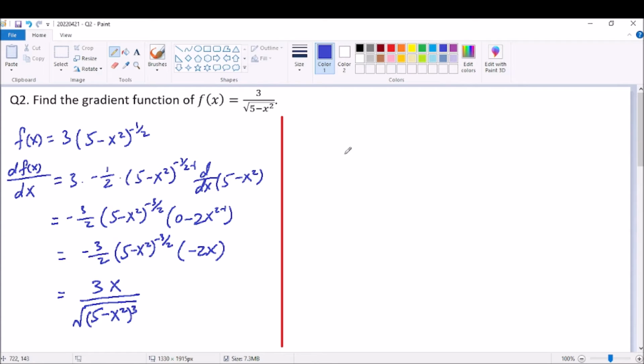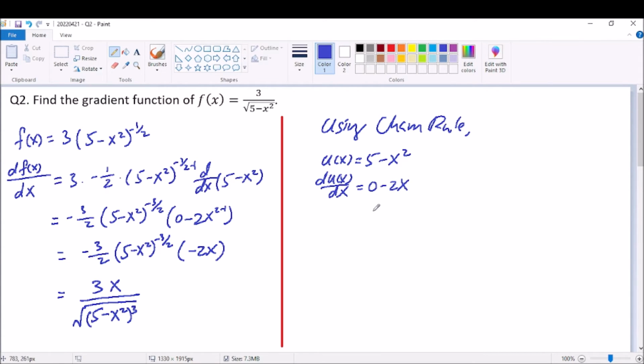And now I differentiate using chain rule, where I let u(x) equal 5 minus x squared. And so du over dx is minus 2x.